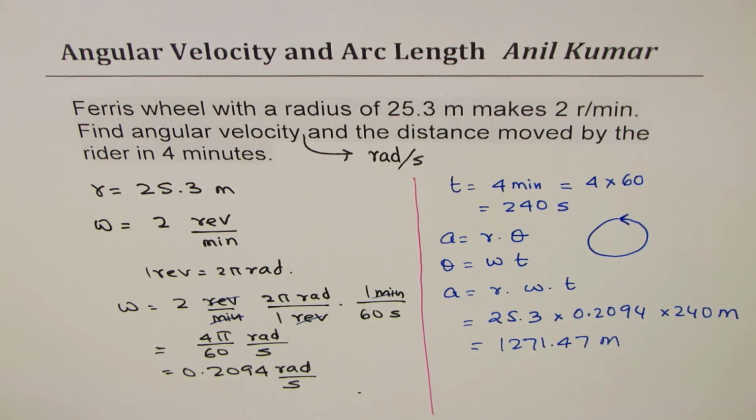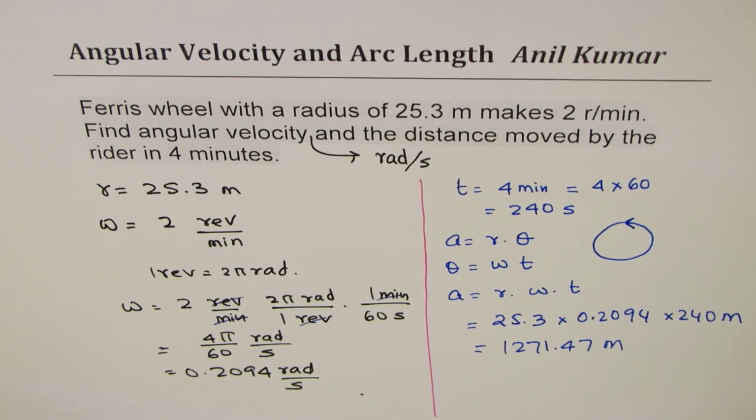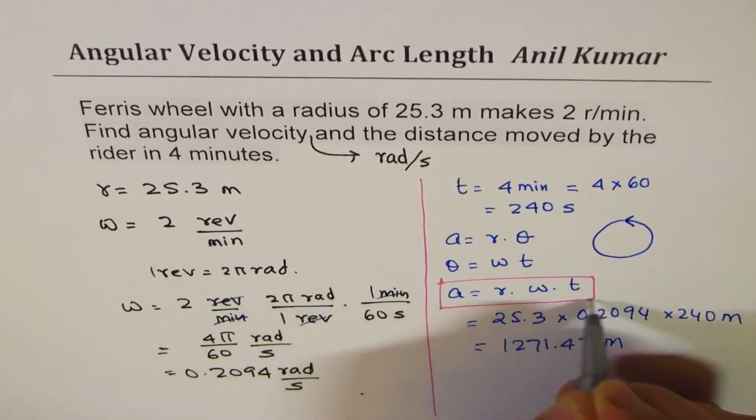You could always convert revolutions by multiplying them by 2 pi into radians, and then the units, minutes into seconds, you know, a factor of 60 helps to do it. We also learned that the arc length could also be written as the product of radius times angular velocity times t.